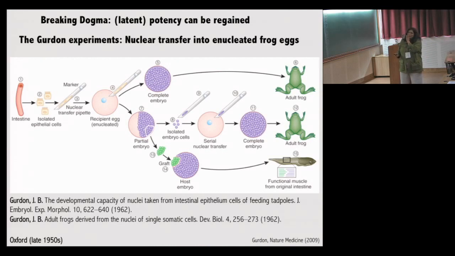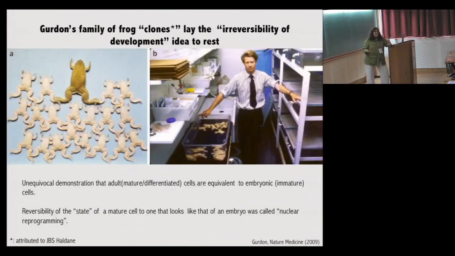Essentially these sorts of experiments allowed people to argue and show that potency can be regained, but that in animals there's a check on this potency, meaning that only certain triggers, for example, serious injury, might allow you to make the reversible reaction favorable, right?